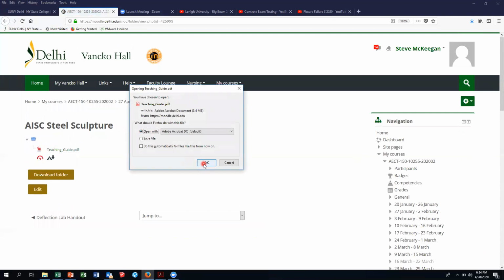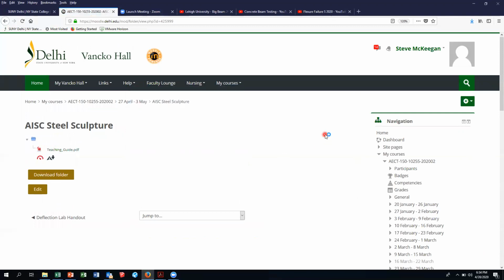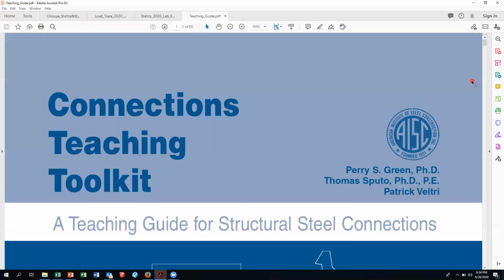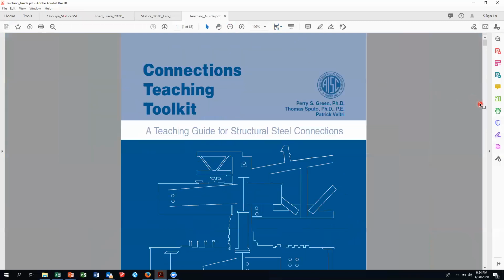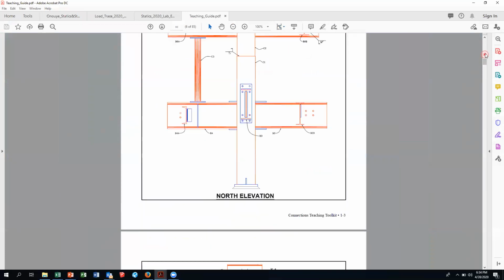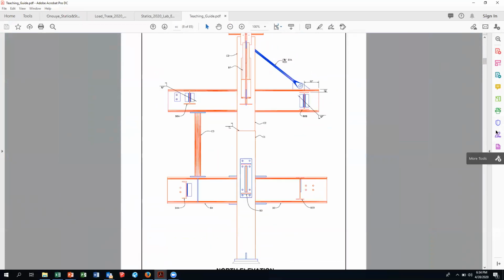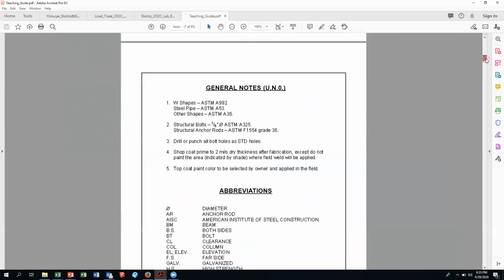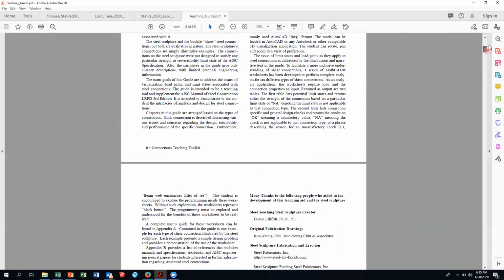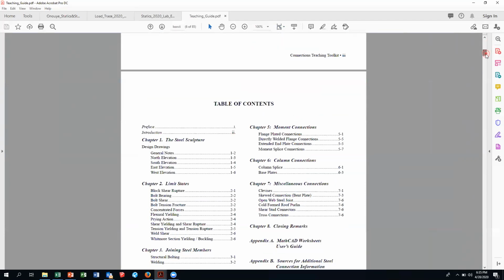Actually, I'm glad you brought up that question. The sculpture in front of Smith Hall is a gift, if you will, from industry. It's out of here. Should be a picture.